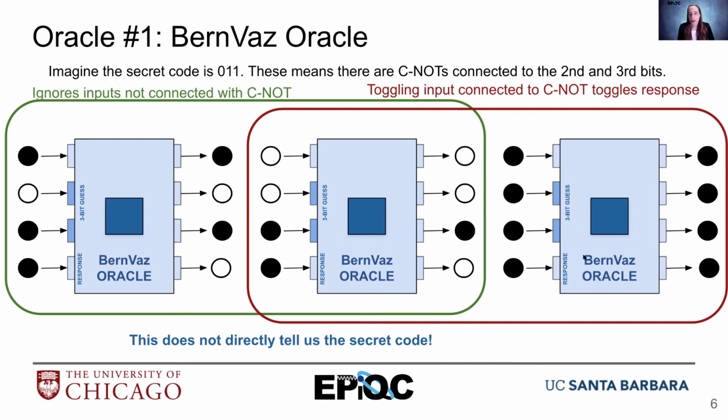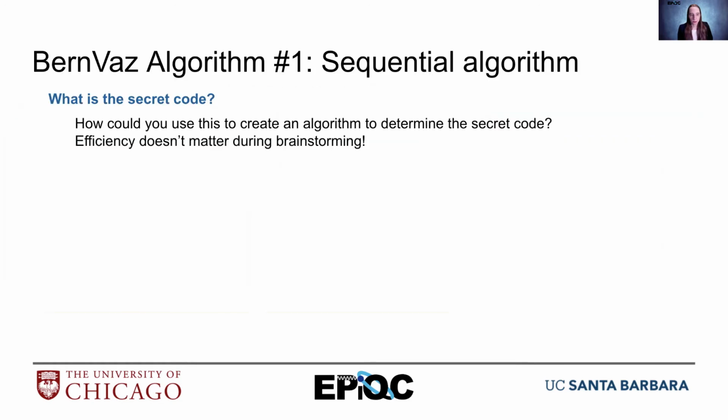But there's a more methodical approach we can use to figure out the 3 bits. I invite you to think about a methodical approach. No matter how many bits we have, we could have a 5-bit input, a 10-bit input, however long this secret code is.